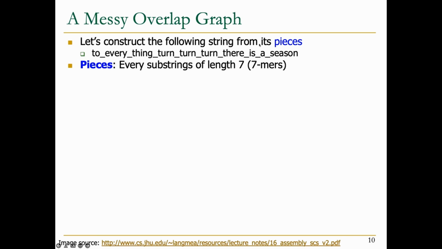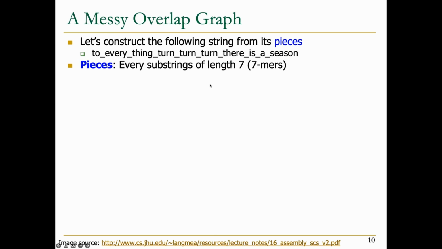Assume that this is our entire genome, and assume that the pieces that the sequencing technology produces are every substring of this genome of length 7, which we refer to as 7-mers, if you want to use the k-mer jargon. So we have every substring of this entire string, and then we want to construct the string from the substrings.